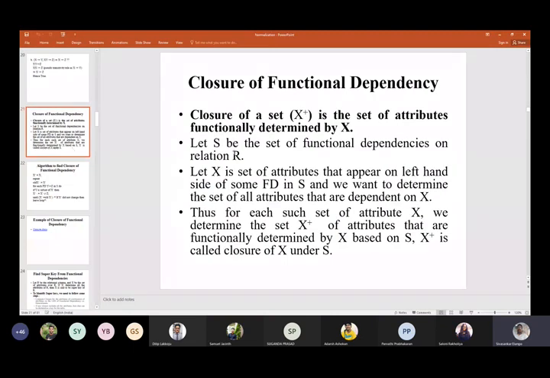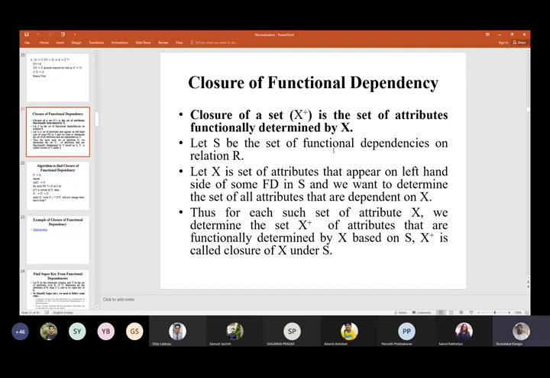Closure of a set X is the set of attributes functionally determined by X, right? For example, you have different attributes like roll number, name, age, department, and a lot of details for a student. Roll number determines name.